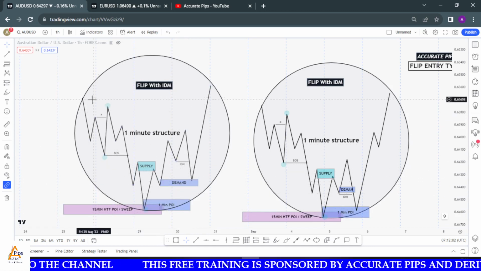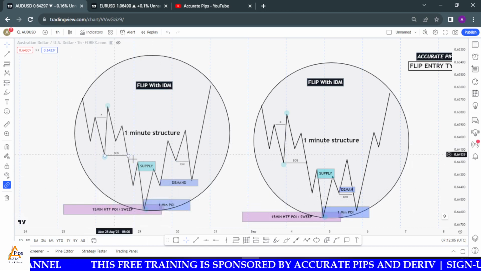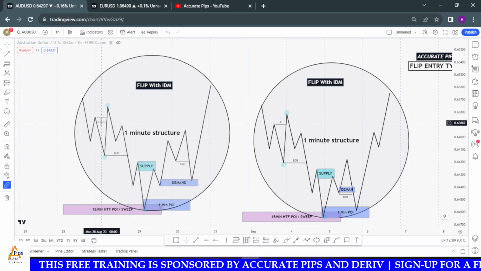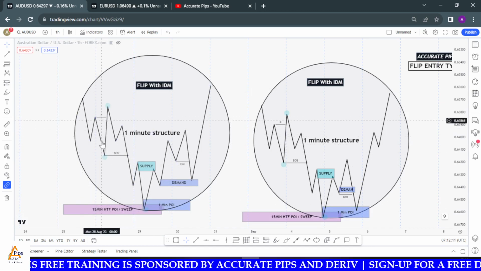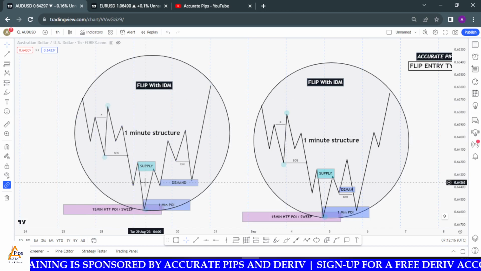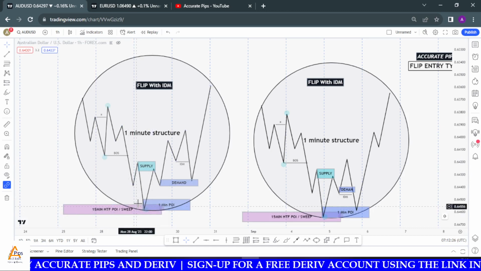Okay, so as we tap into this, we then switch to 1 minute to get an idea of what the market is doing. So we can see 1 minute structure also forming. You know, structure happens on all time frames. It's the same behavior. Then we broke this low, and we tapped into the 15 minute zone.